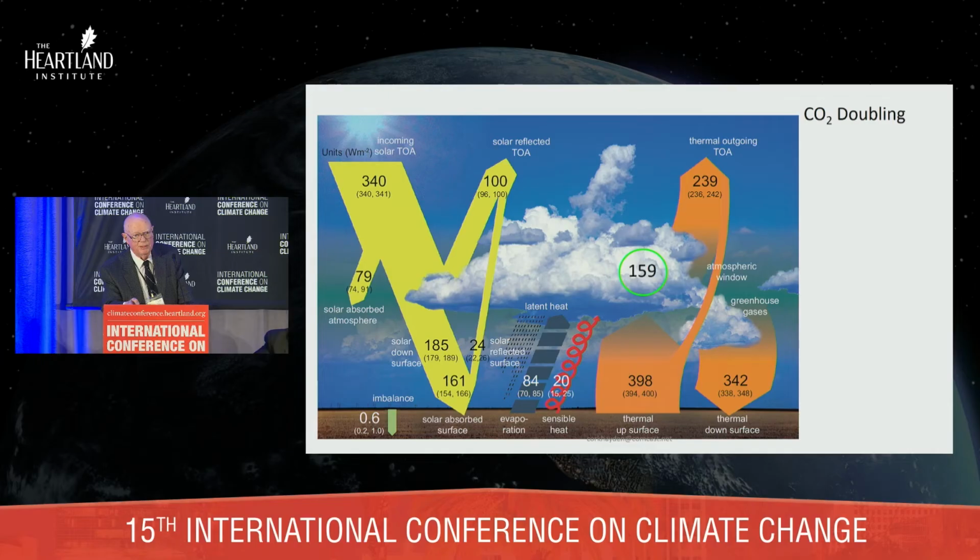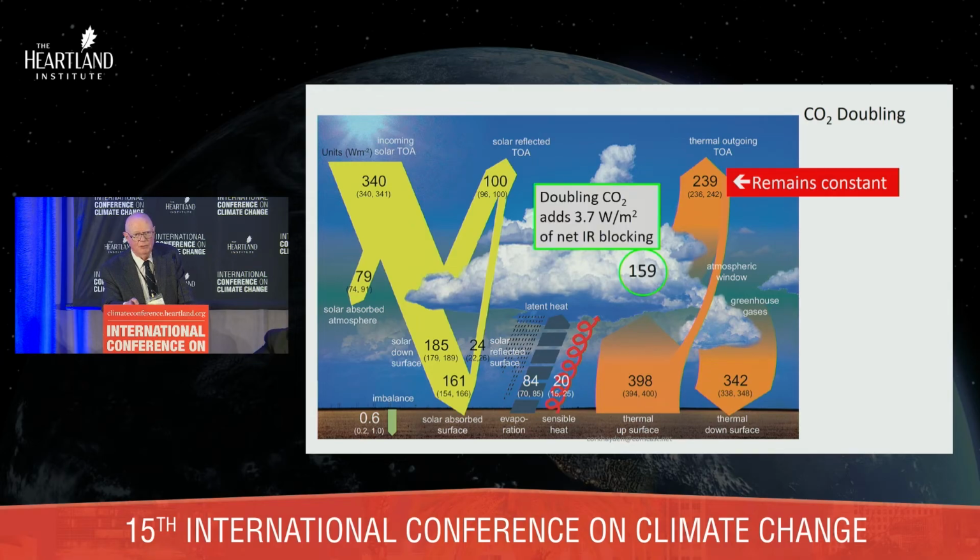Put it in picture, there's your 159. That remains constant. Doubling CO2 adds 3.7 to the net IR blocking. 159 plus 3.7.